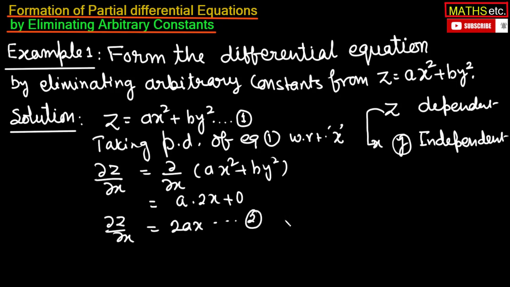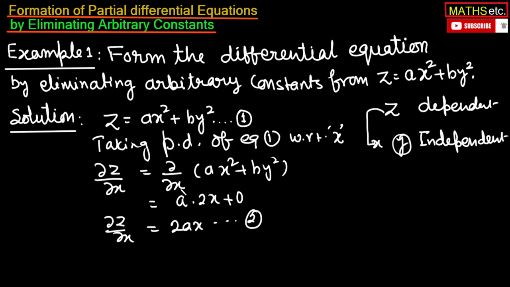So how will we find the other equation? Now we have already taken partial derivative with respect to x. So now we will take partial derivative with respect to y. Do we have to do all these detailed calculations? No. Mathematics is all about seeing patterns, right? So we have seen that when we took partial derivative with respect to x, the result was 2ax.